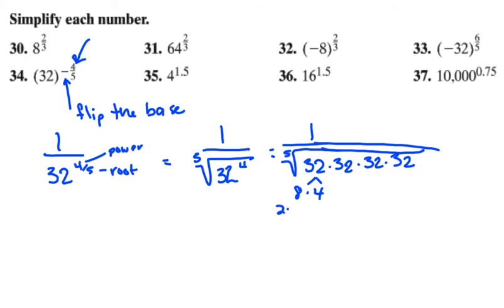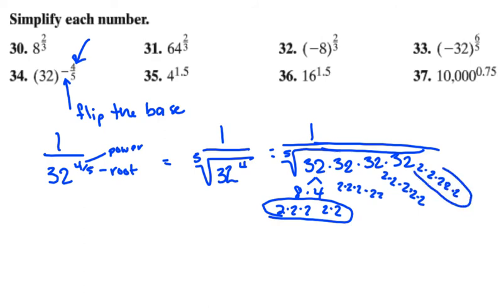And then we have 2 times 2 times 2, and then 2 times 2. Hey, that's 5 2s. So if that's 5 2s, then this would also be 5 2s. And this one would be 5 2s. And this one would be 5 2s.